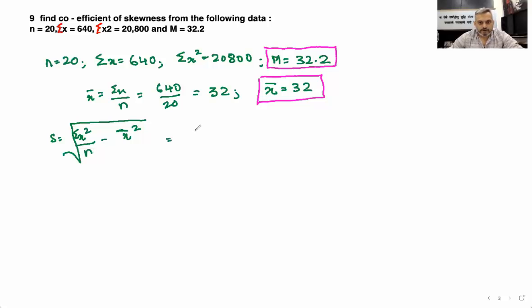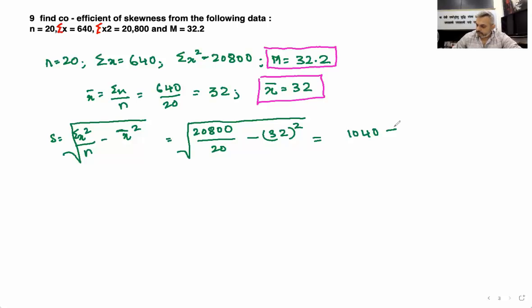So which is equal to under root of 20,800 upon n, which is 20, minus mean, which is 32 square, which is equal to 20,800 divided by 20, which is equal to 1040, minus 32 square, which is 1024, under root, which is equal to under root of 16. So therefore standard deviation is equal to 4.